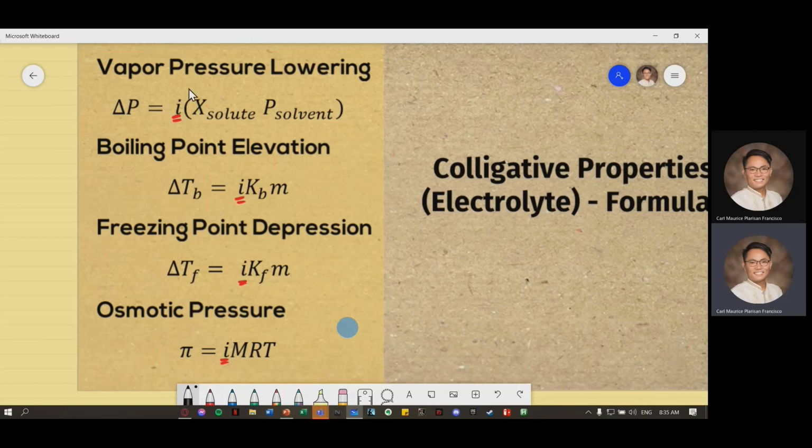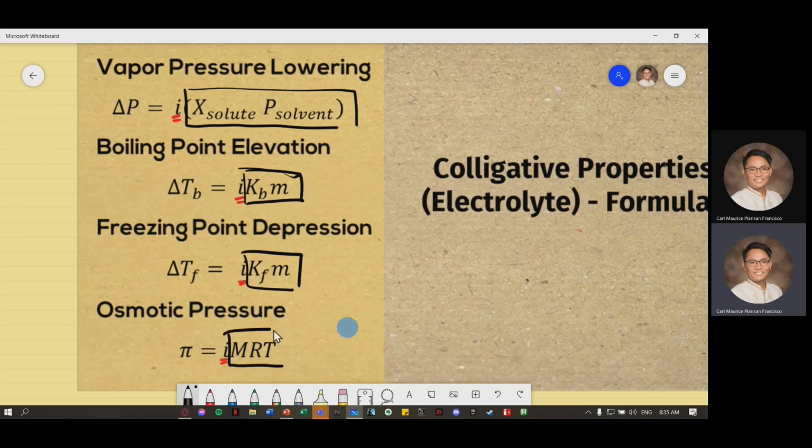Pero kung isipin nyo, ito pa rin naman yung equation na natutunan natin sa colligative property of non-electrolyte. These are still the following equations for non-electrolyte. The only difference for electrolyte solutions is you have the Van Hoff factor.